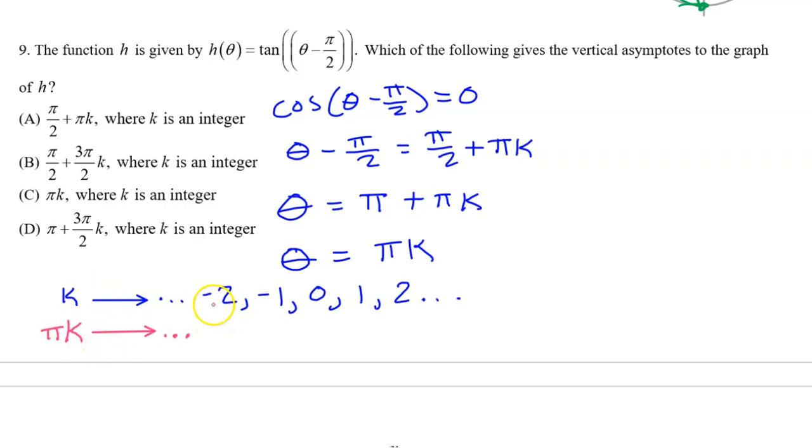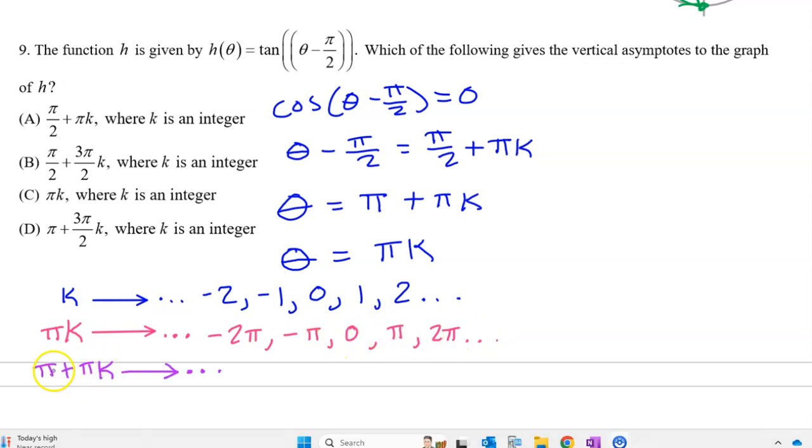Pi k would be all of these numbers multiplied by pi. So this would be -2 pi, -1 pi, 0 pi, which is just 0, 1 pi, which is pi, 2 pi, and so on forever in both directions.